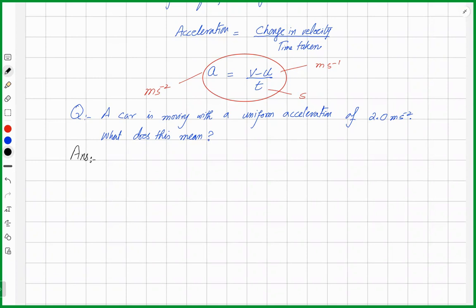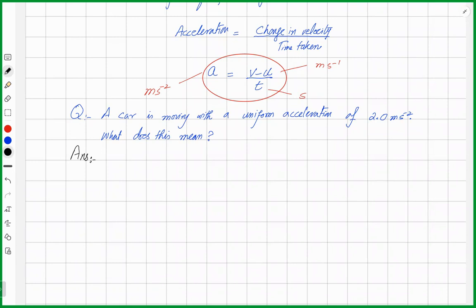But we know whatever the speed is, it is changing by 2 meters per second in every second. This is all we know. Some of you might think that this means car is moving very fast or very slow. No, we have no idea about that. We just know that if we let the velocity change for 1 second, it will change by 2 meters per second.